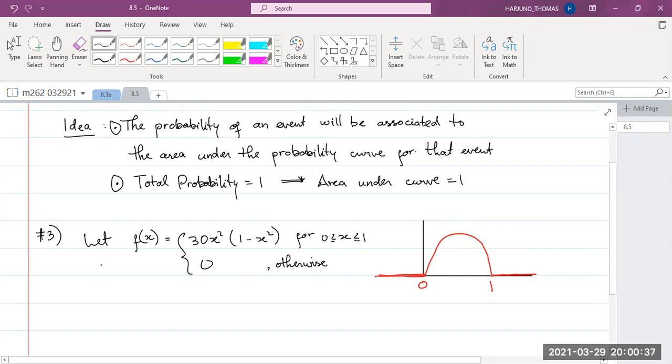Now part A, they ask to verify that f is the probability density function. Now function f(x) is a PDF, probability density function, if the area under the curve of f(x) equals 0, I'm sorry, equals 1. The total probability.